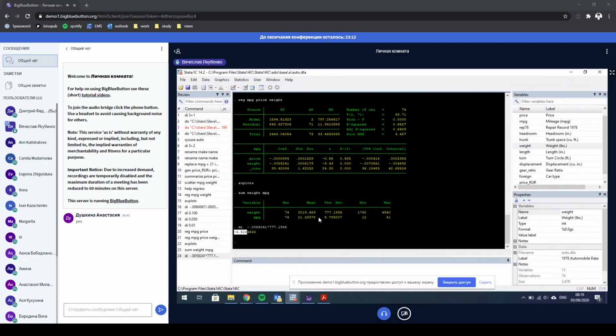And now we see this is quite a substantial thing. If we buy a slightly heavier car, we'll have to spend at least on average 25% more on fuel. And this is probably something that we care about.